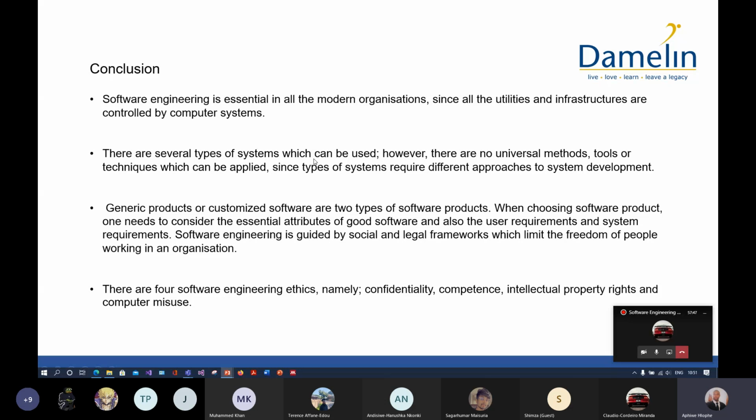There are several types of systems which can be used. However, there are no universal methods, tools, or techniques which can be applied, since types of systems require different approaches to systems development. That is true. There's no one particular framework or approach that you can say you're sticking to as an organization.